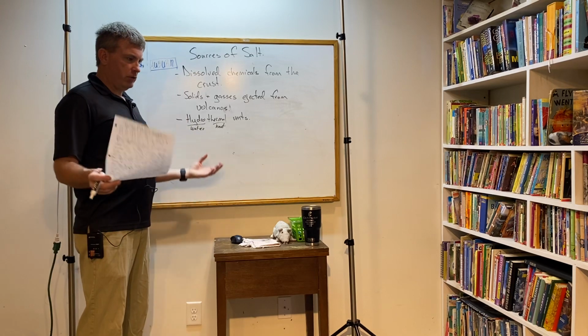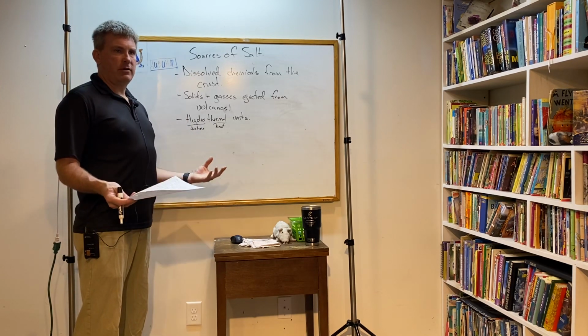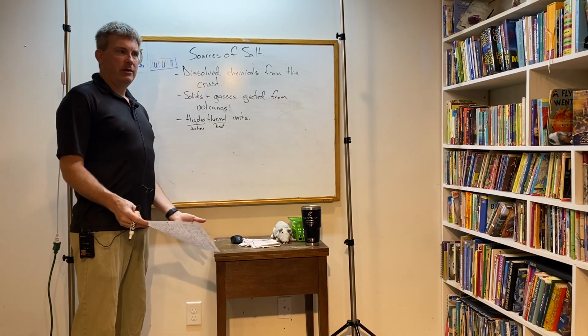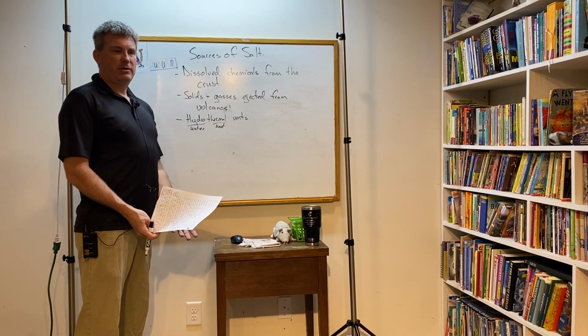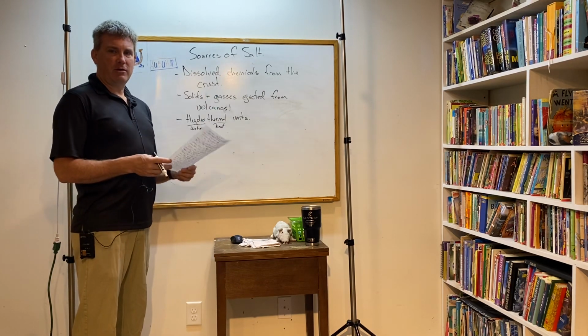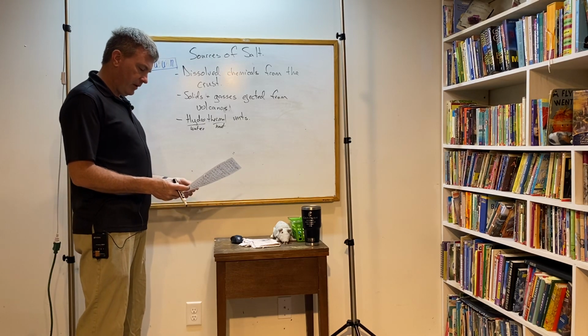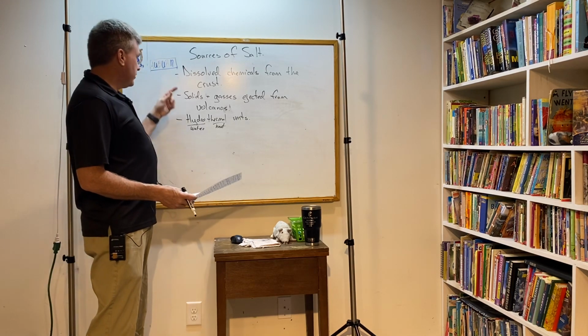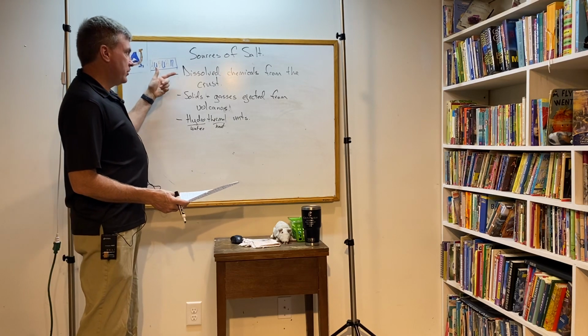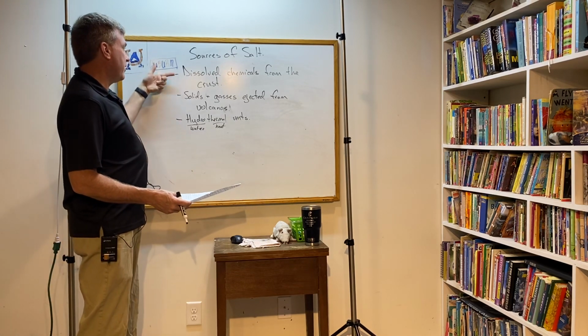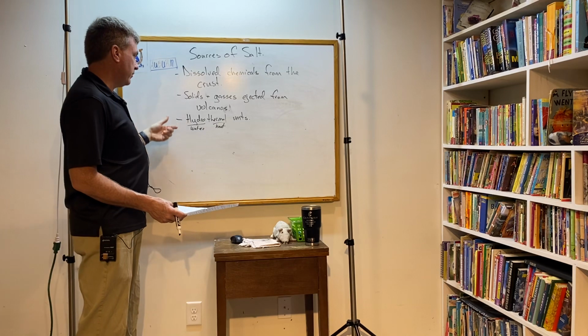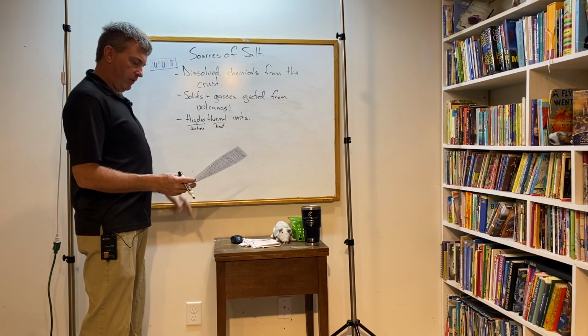Over 10 million years, every piece of water in the ocean has gone down, absorbed a bunch of minerals, and been ejected back as hot water from these hydrothermal events. So these are the reasons we have salt water in our ocean: dissolved chemicals from the crust, solids and gases ejected from volcanoes, and hydrothermal vents.